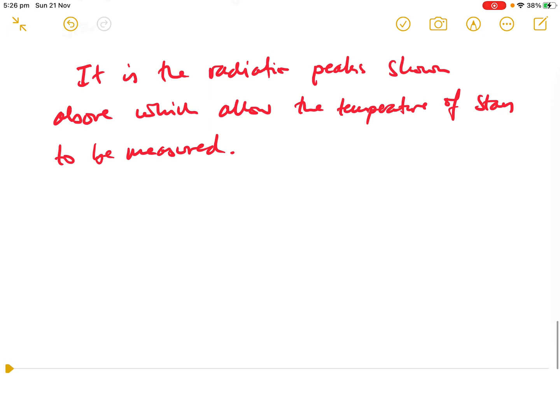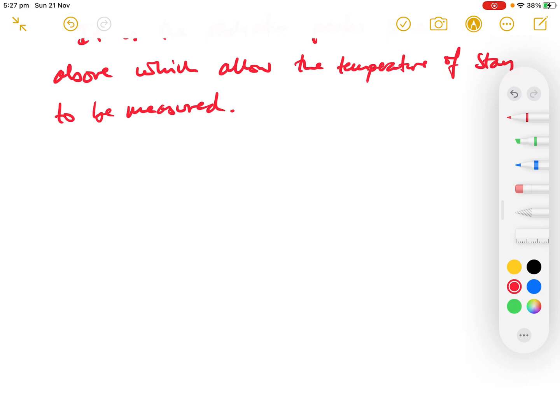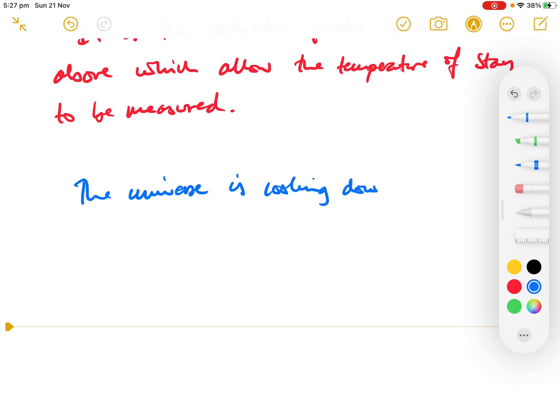Right, now just to finish this section off then, we can use this knowledge of the radiation curves against wavelength for stars to say something about the universe, because we can observe distant stars in distant galaxies and compare them with closer ones. So what we can now say then is that the universe as a whole is cooling down as it expands.